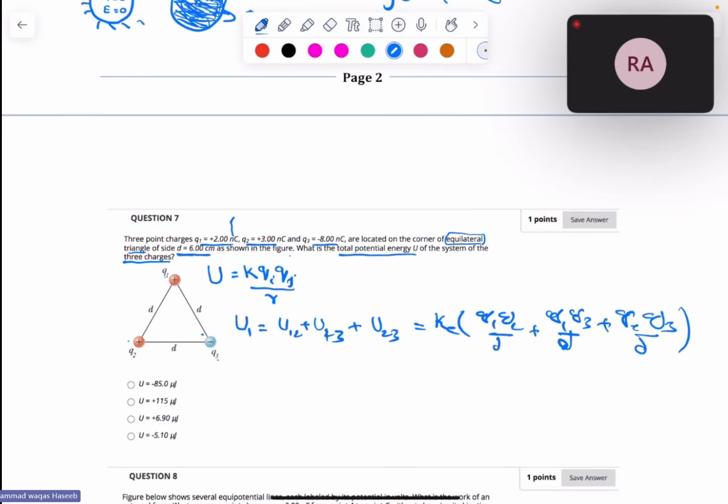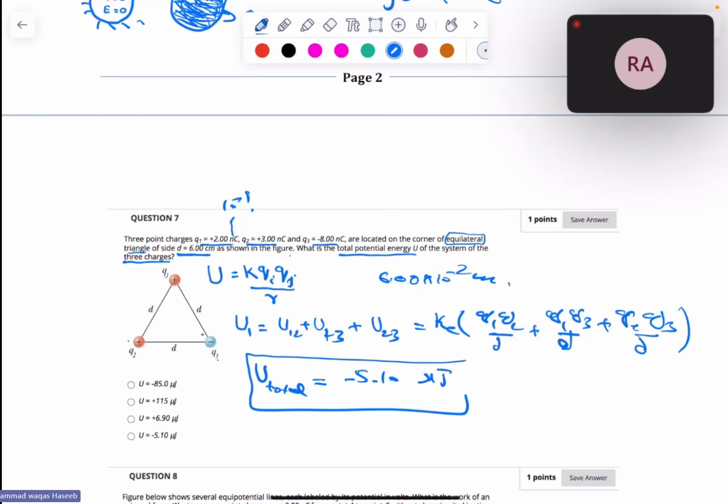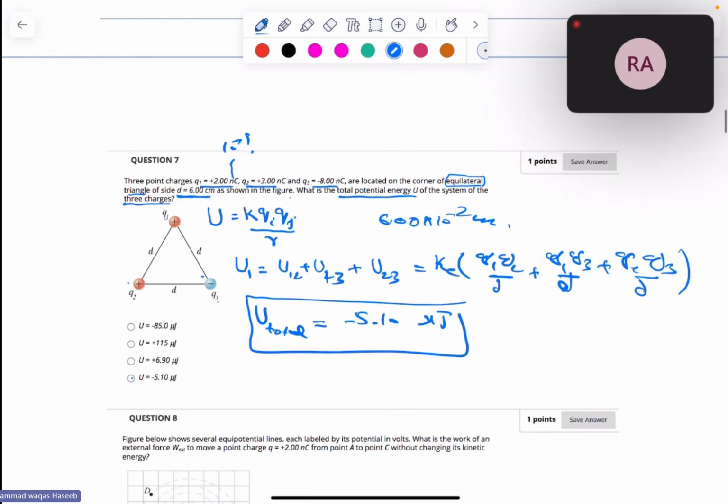Nano is 10 raised to the power minus 9, and we substitute the value of D in centimeters. Whenever you write centimeters, convert to meters. When we substitute the values, you will get the total energy, which is negative 1 microjoules. So the correct option is this.